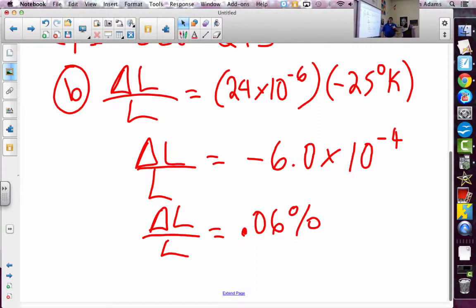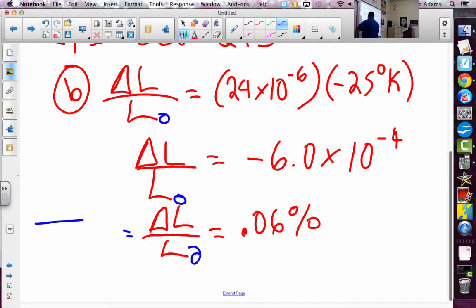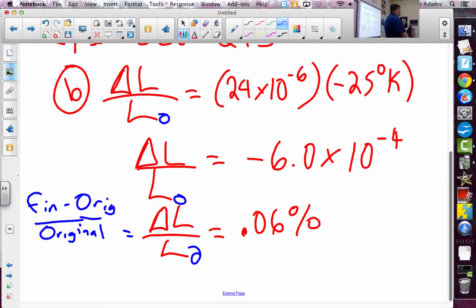Part B said that the air, the standard air. Remember that in science, to calculate the standard air, and this is like L naught, your original length, you take your original, or sometimes the theoretical, but in this case we'll take the original, and then it's usually going to be the final minus the original, which is a fancy way of saying delta L. And depending if you're doing theoretical versus empirical, it's the same thing.